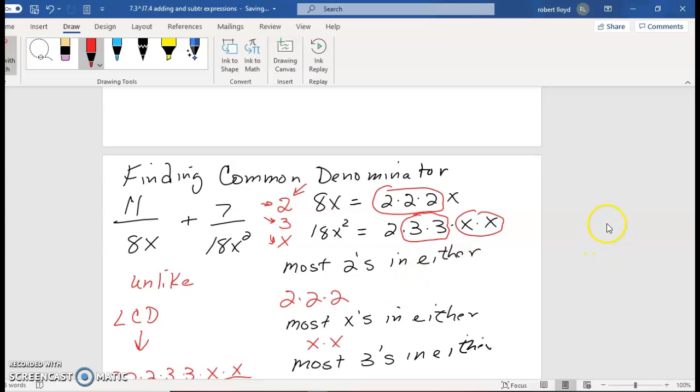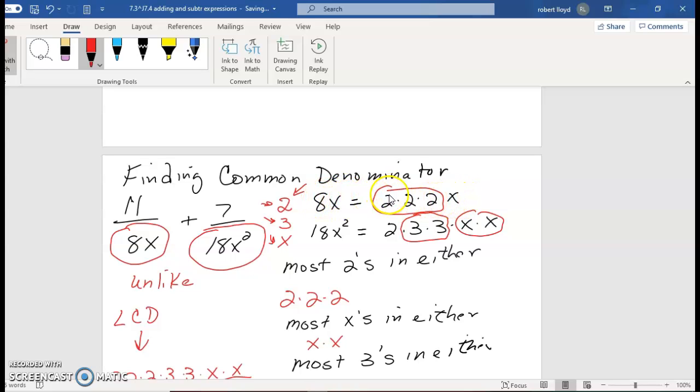Now we'll go to one that does not have a common denominator. So 11 over 8x plus 7 over 18x squared. This denominator 8x is not the same as 18x squared. So it's kind of hard to tell by looking. So the easiest way to find the least common denominator is to take each denominator separately and break it into primes.